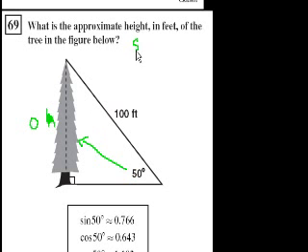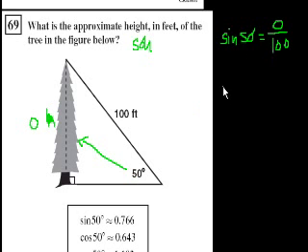Once again, SOHCAHTOA, right? We just have to look at the SO part. Sine is equal to opposite over hypotenuse. So the sine of 50 degrees is equal to the opposite side, the height of the tree, O, over the hypotenuse. The hypotenuse is 100 feet.